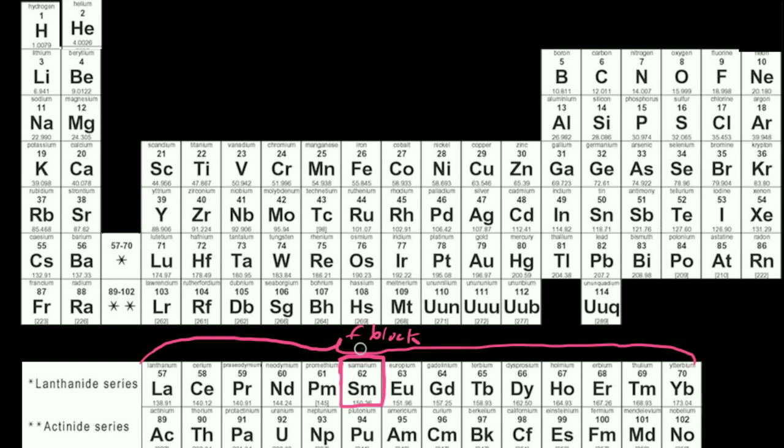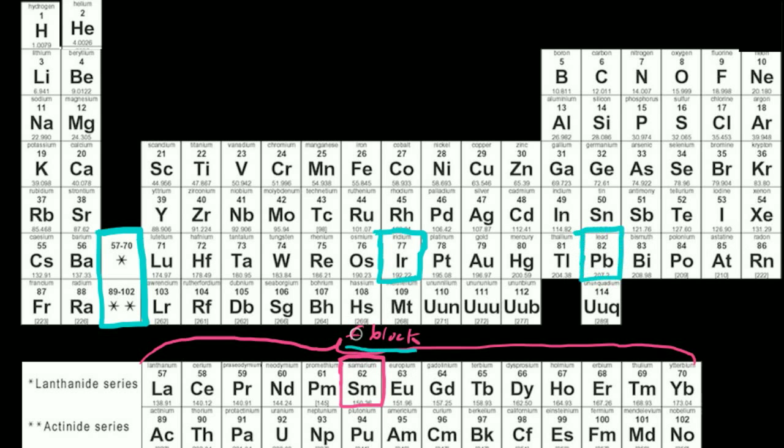The big thing I'm going to try to teach you is this: if we were trying to figure out the electron configuration for iridium, or for lead down here, we're going to need F orbital electrons.